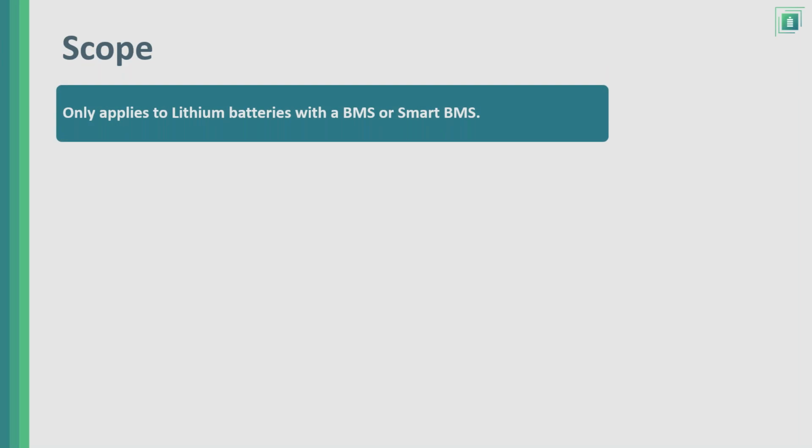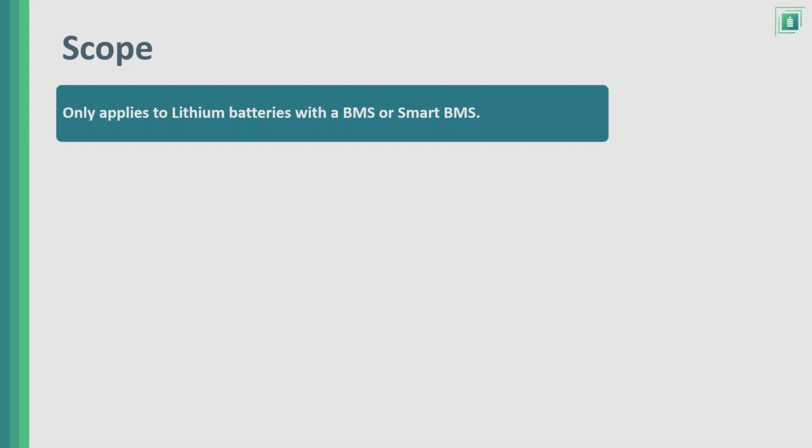So when we achieve closed loop, there are things that we will be able to do. This only applies to lithium batteries. There wasn't closed loop communication with lead acid batteries before. And as I mentioned, there are two different types of BMSs.